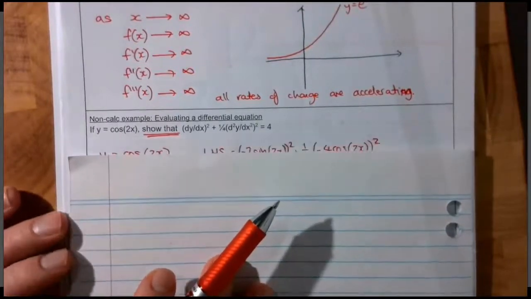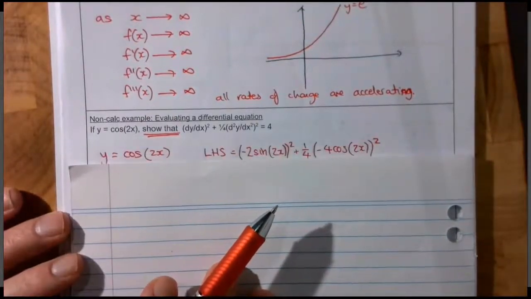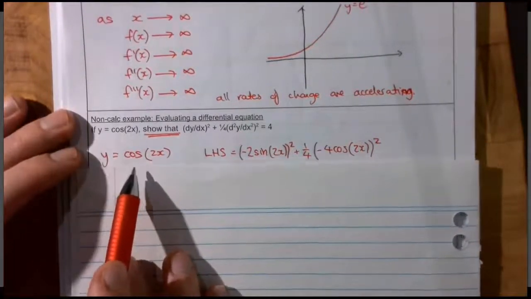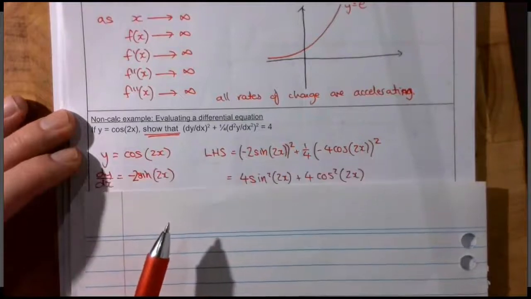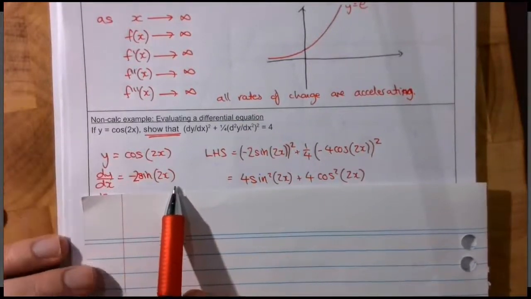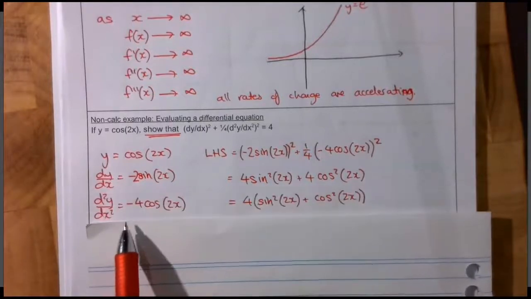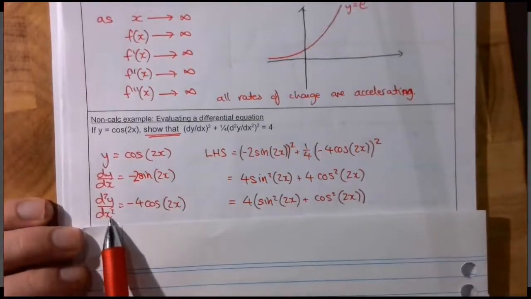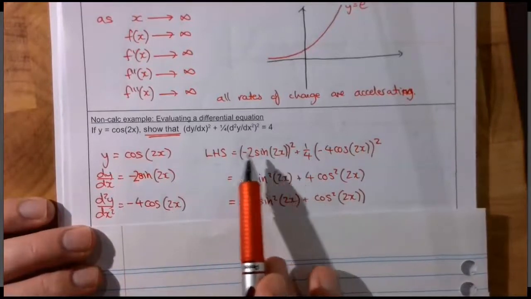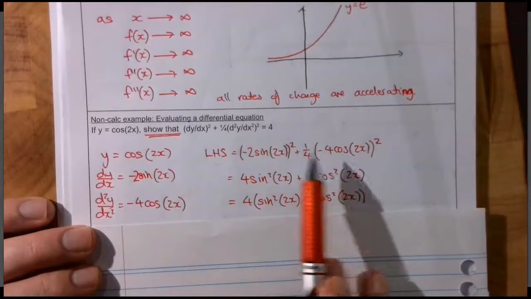And so our first step would be, looking on the left-hand side here, to write y equals cos of 2x, to differentiate it once to get minus 2 sine of 2x, to differentiate it again to get d2y by dx squared being minus 4 cos of 2x, and then to substitute those into the equation that they give us.